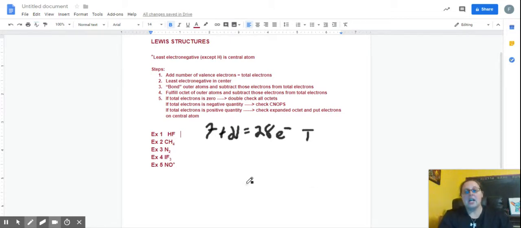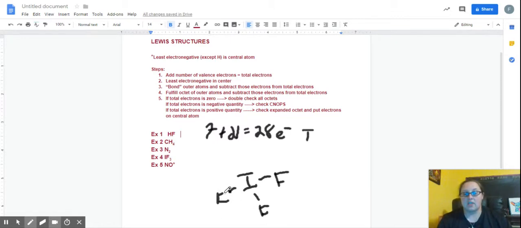So now I have to draw my structure. I have IF3. So here's I in the center. Why is I in the center? It's the least electronegative out of the atoms that are there. Then I bond my fluorines. So I attach all my stuff: fluorine, fluorine, and another fluorine here.